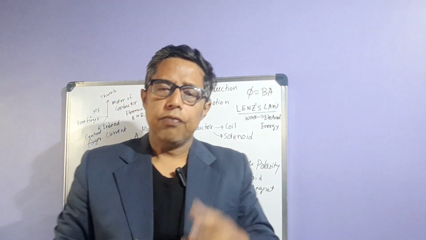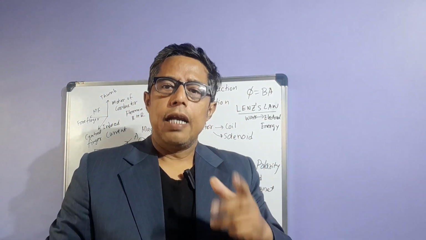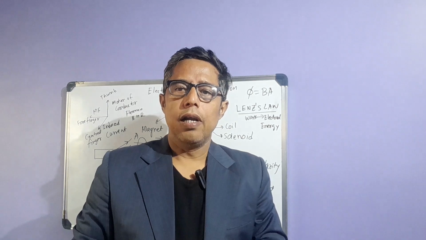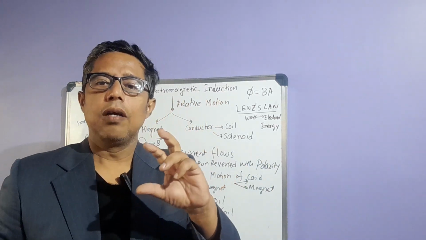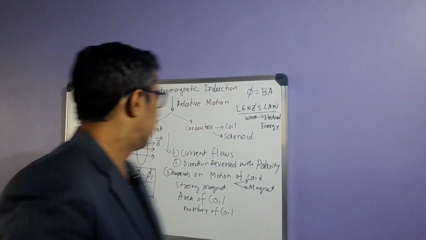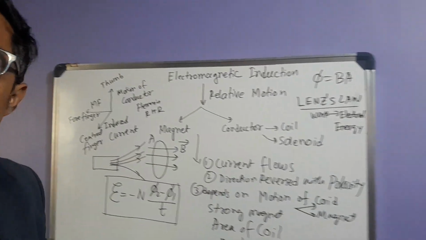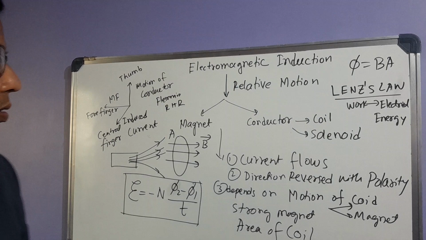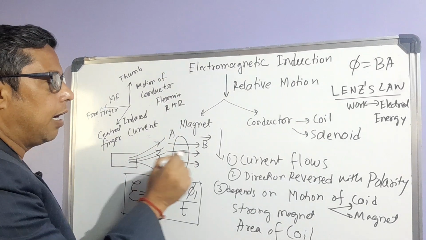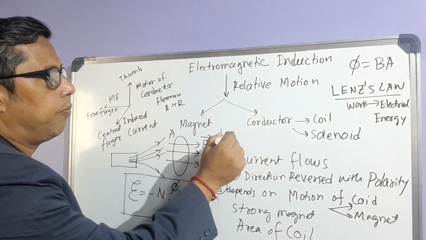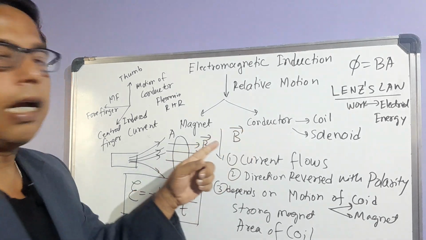Magnetic flux is the number of magnetic field lines crossing a particular area normally. If you see here, let me take it a bit closer. This is the magnetic field, where the B vector denotes the magnetic field.